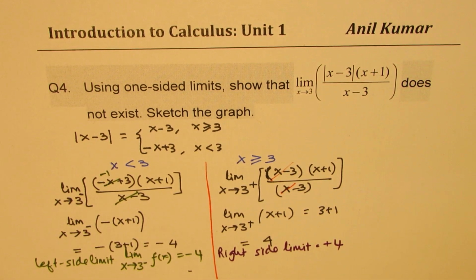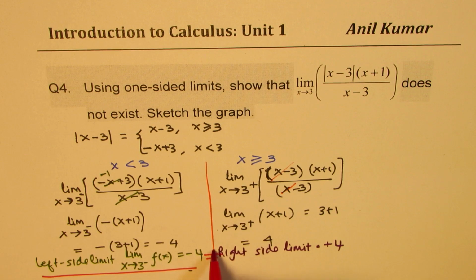Now since left side and right side limits do not match, the limit does not exist, right? So that is the important conclusion. Now since these two limits are not equal, correct?